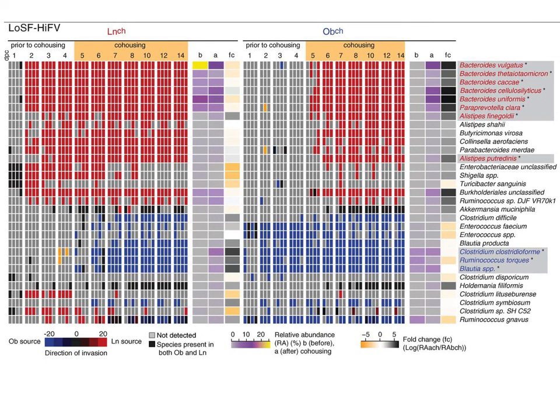You put them together, and the obese mice, they get more and more of the red squares. And the lean mice start picking up more and more of these blue rectangles, okay? So interacting with one another changes their microbiome, okay?